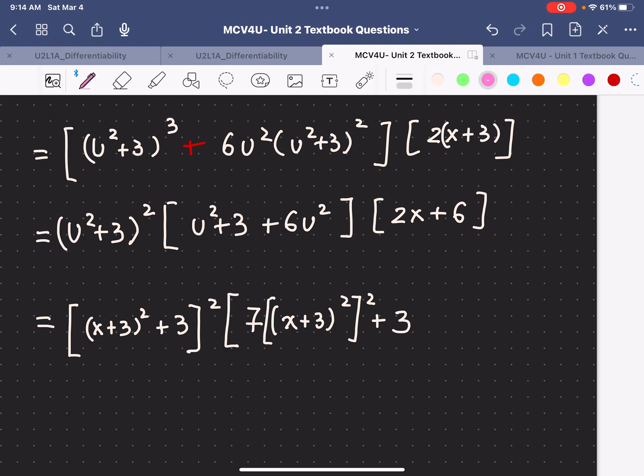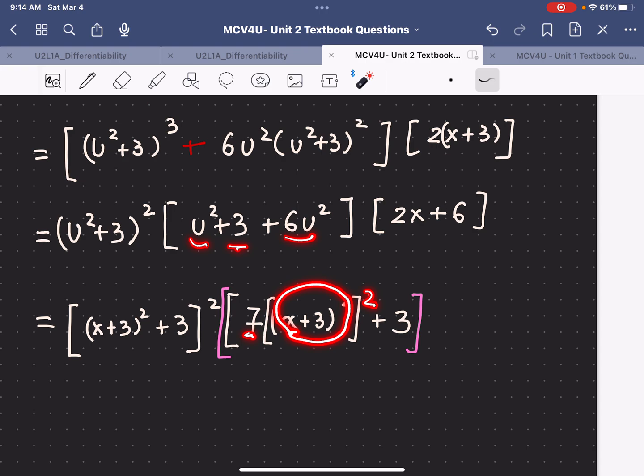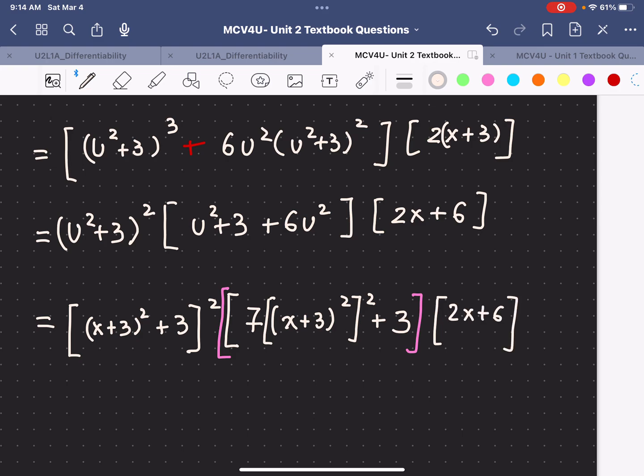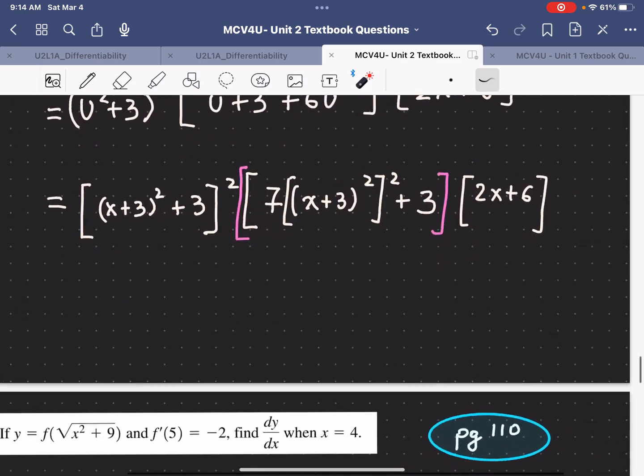This entire thing has to stay in brackets. Remember now, so 7u squared, and then plus 3. And now we're multiplying this by 2x plus 6. As you can see here, we have only x in the derivative, so we can simplify these two powers and bring them together as a power of 4, or we can start substituting x by negative 2.